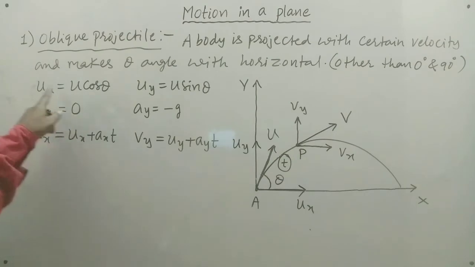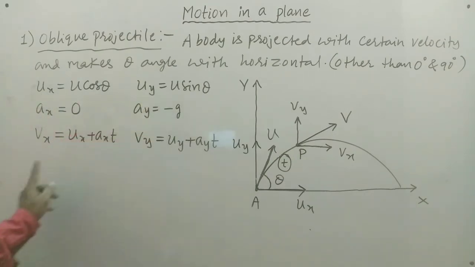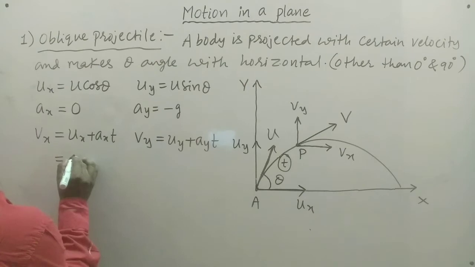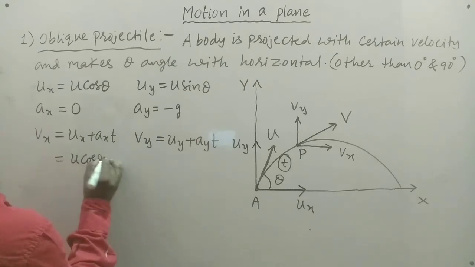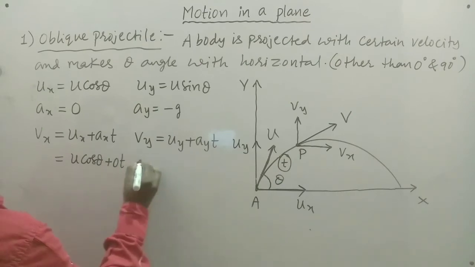Let us substitute this ux, ax value here, uy, ay value here. We will get Vx and Vy. See this. Ux is u cos theta, ax is 0, then this term becomes 0.